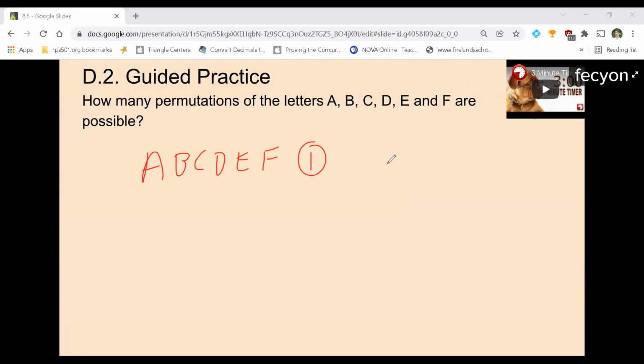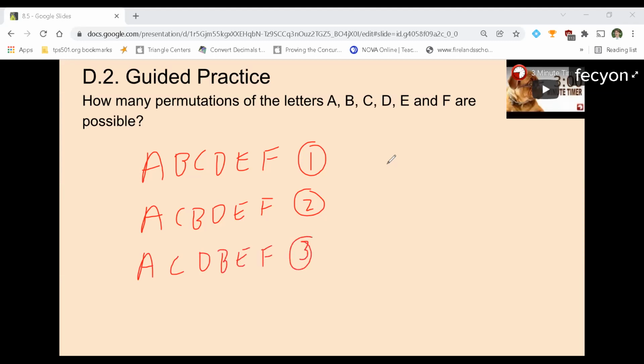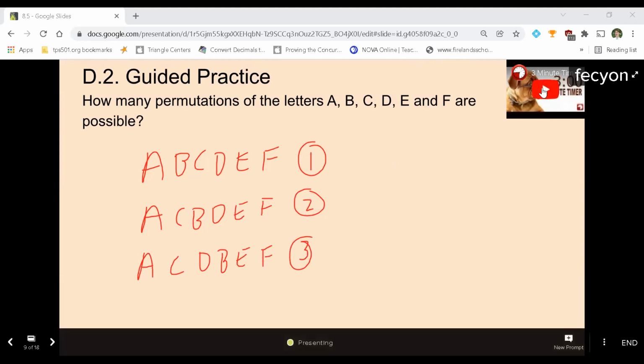You ready for another way I could do it? Boom. That's 2 ways. I'm going to give you a 3rd way. Look how generous old Mr. Lake is. Can you tell me the total different possible ways I could arrange those 6 letters?